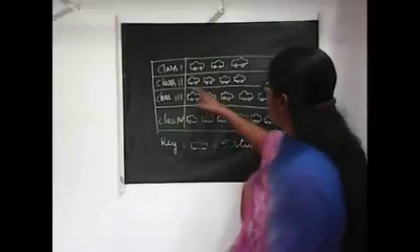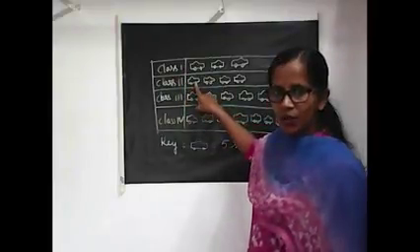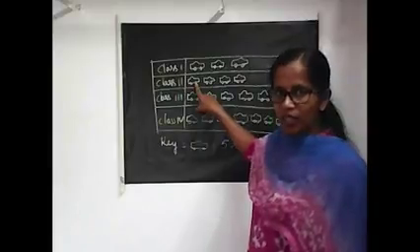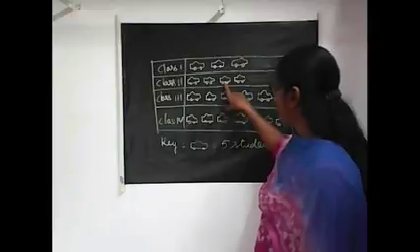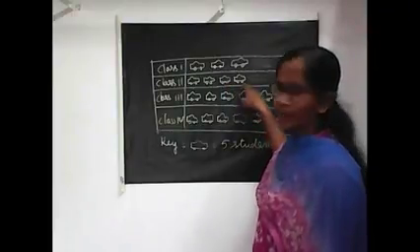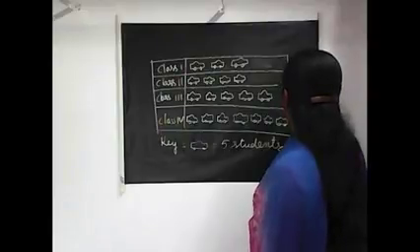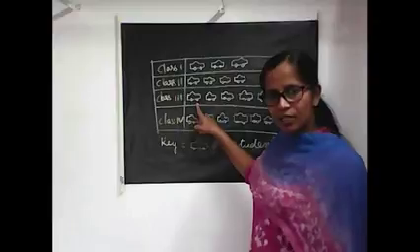Okay. Now see that class 2. 1 car is equal to 5 students. So you have to count it as 5. So 5 plus 5, 10. 10 plus 5, 15. 15 plus 5, 20. So how many students? 20. Write it here. Then class 3. 1 picture is equal to 5.